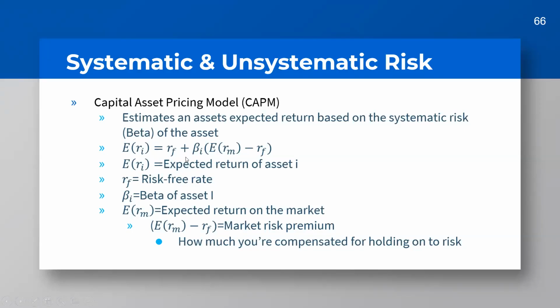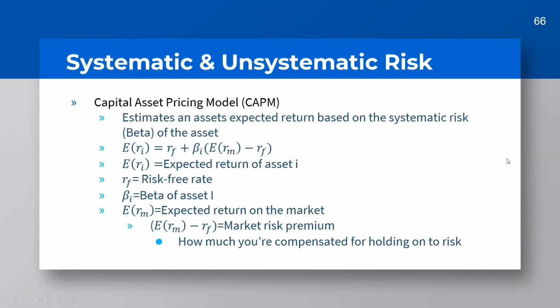So again, just digging into the formula a little bit more. With the risk-free rate, investors need to be compensated simply for not consuming something today. And that's with the risk-free asset. From there, we add in the amount of risk through beta, measured as the covariance between the returns on the individual asset and the returns on the market, divided by the variance of the market return, multiplied by the market risk premium.